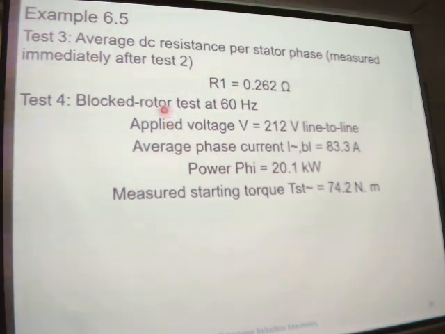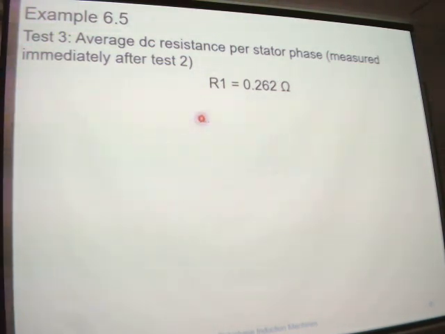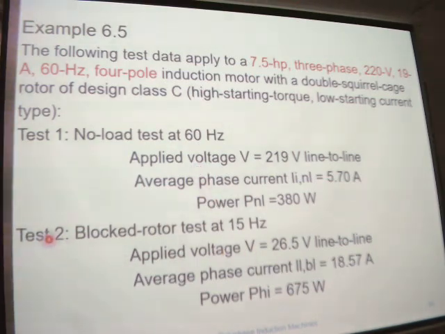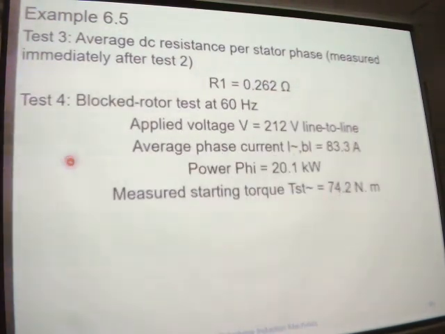Test 3 is just to measure the resistance, and it gives us R1, the stator resistance. And test 4 is blocked. It's also a blocked rotor test, but test 2 is for 15 Hz, and test 4 is for 60 Hz.